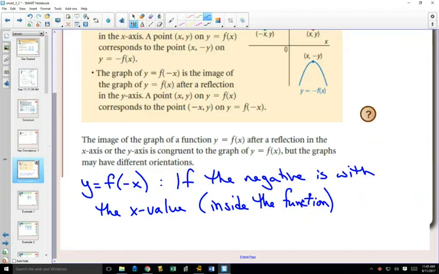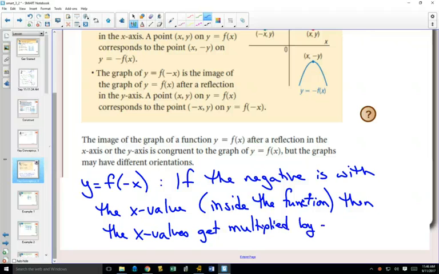If that negative is with the x value inside the function, I want you to think of the x values. So then the x values get multiplied by a -1. In other words, you will change the sign of the x values.